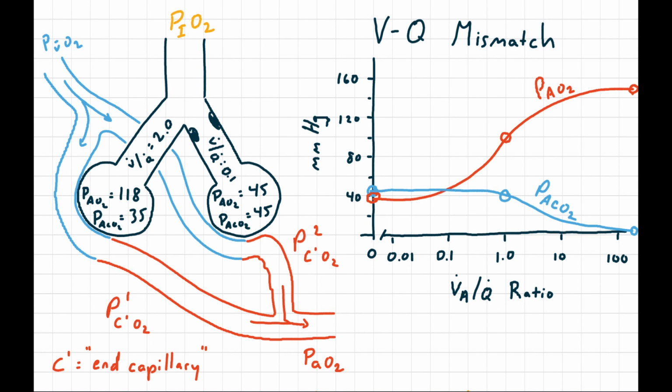And in this model, we're going to again assume no diffusion limitation. So your end capillary oxygen and carbon dioxide partial pressures are exactly equal to the alveolar partial pressures. So the question that remains is, what are your arterial oxygen and carbon dioxide partial pressures after these capillaries mix?